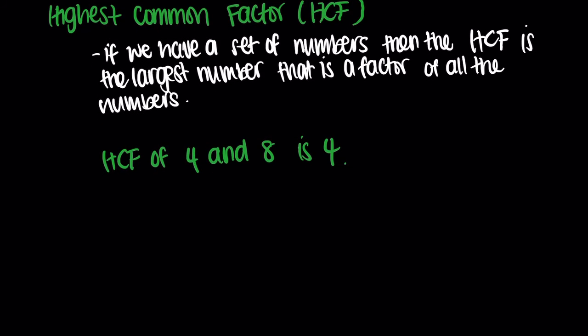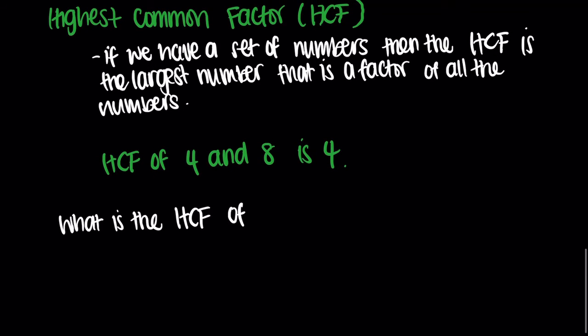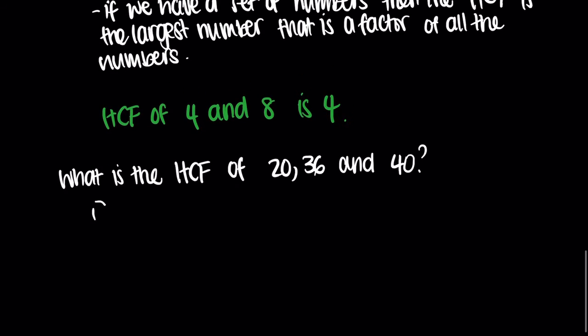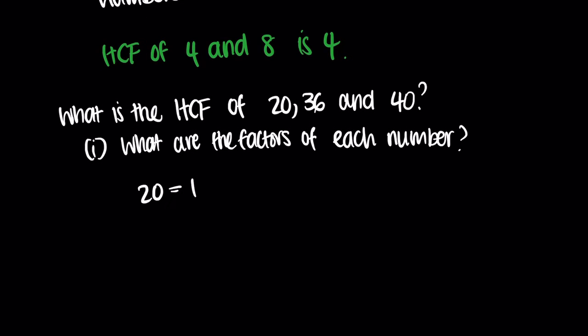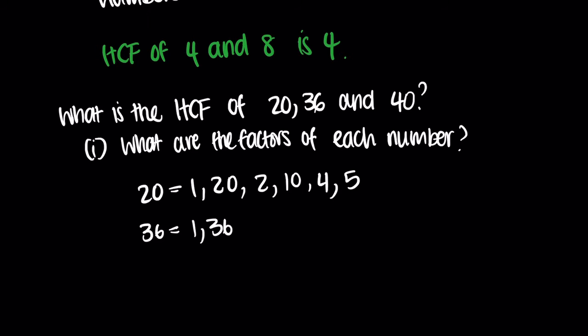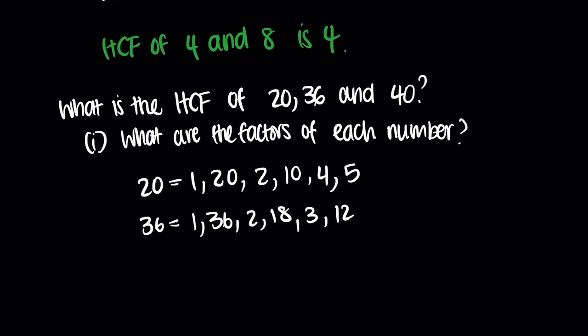And so if I asked, what is the highest common factor of 20, 36, and 40? Following the same examples that we were doing, we'd find the factors of 20, which are 1, 20, 2, 10, 4, and 5. Then the factors of 36: 1, 36, 2, 18, 3, 12, 4, 9, and 6.